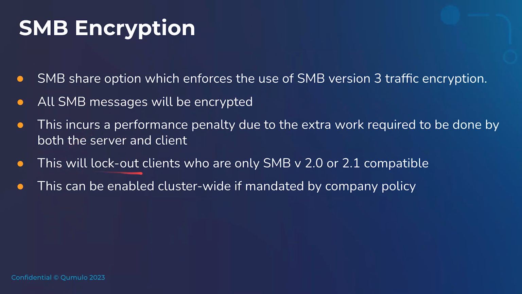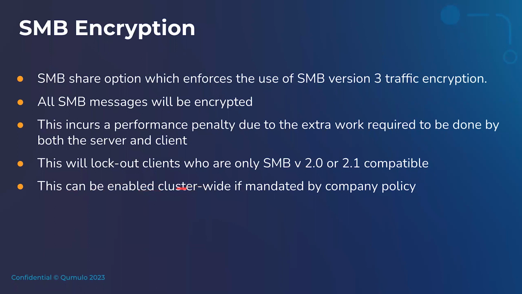And turning this on will effectively lock out any clients who cannot speak SMB v3. So Windows 7 and Windows Vista would be excluded from connecting. As an example, maybe even older Linux clients that cannot speak SMB v3, and old Mac clients.